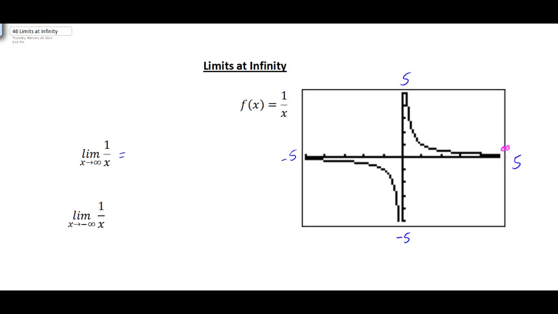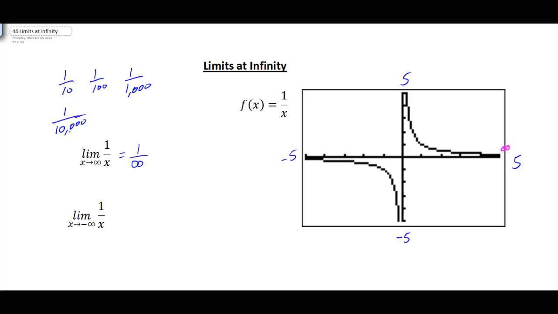if we look at the limit as this goes to infinity, we can think of this as being 1 over infinity. And if we have 1 over a very large number, what's going to happen? For example, if you think of having 1 over 10, and then 1 over 100, 1 over 1,000, 1 over 10,000.